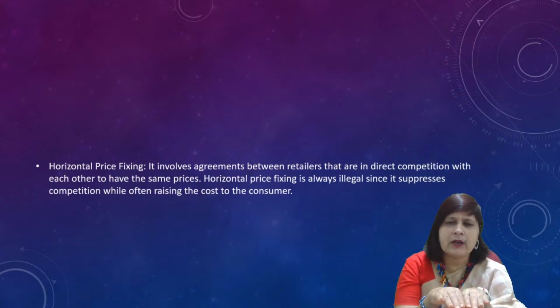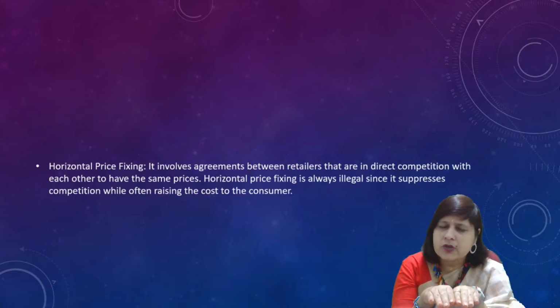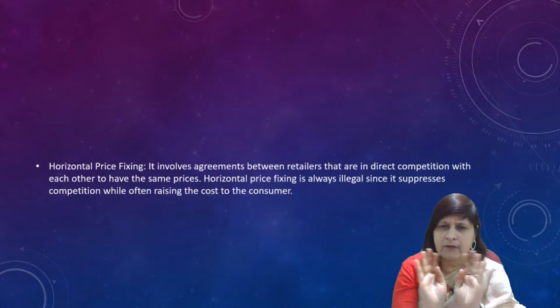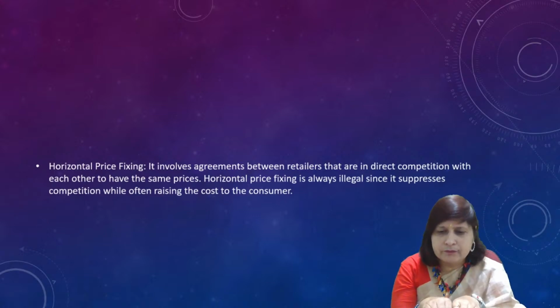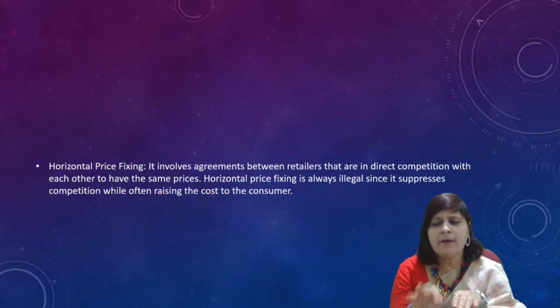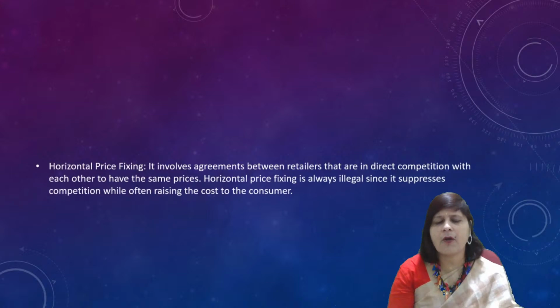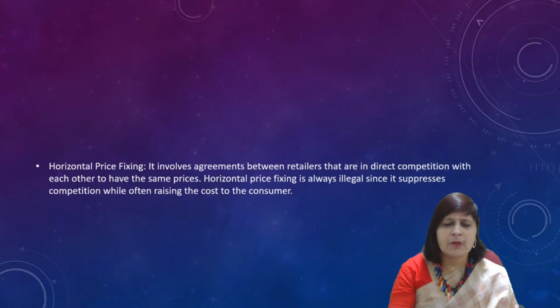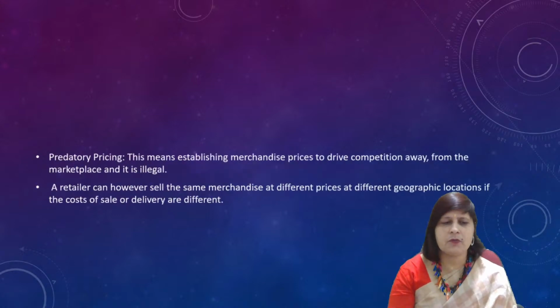Suppose there are two kirana shops in your vicinity, they are in direct competition with each other, and they decide to sell the product at the same prices. Then that is known as horizontal price fixing, and it is illegal because it suppresses the competition and impacts the consumer. It costs more to the consumers.